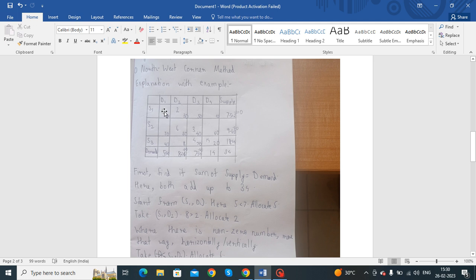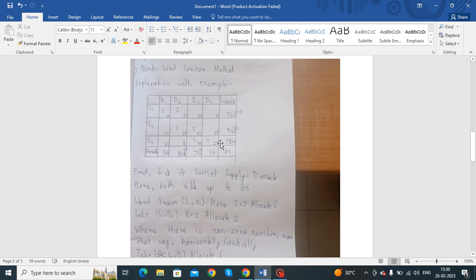Then we move over to the right by one column, where we'll end up in S1D2, the number 30. Now we have 2 and 8, and since 2 is less than 8, we put 2 over here and subtract it from both these values.